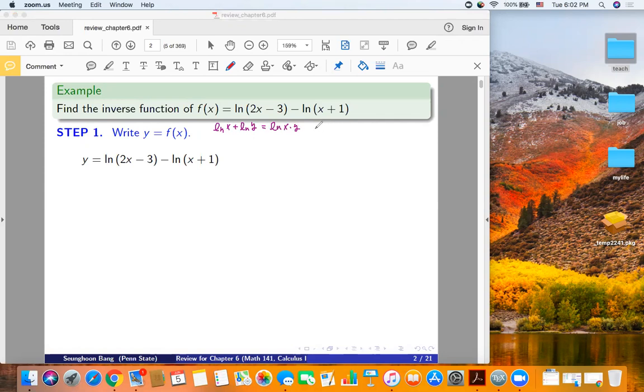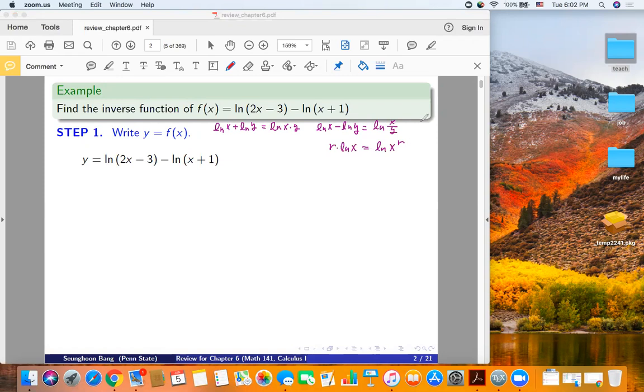The second rule is ln x minus ln of y is ln of x over y. The third rule is r times ln of x equals ln of x to the power r.